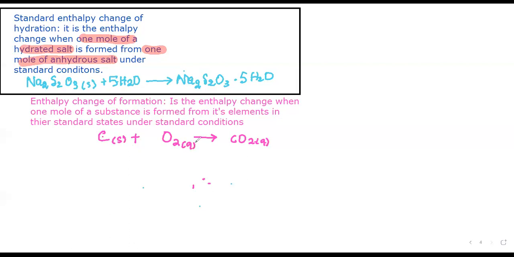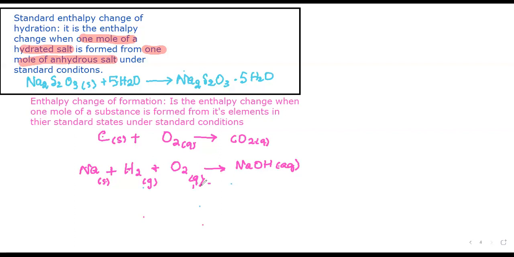Similarly, what if I want to make sodium hydroxide? What do I need? I need the elements. I need sodium. What is the other element inside it? Hydrogen. What is another element inside it? Oxygen. And they all have to be in their standard state, meaning sodium will have to be solid, hydrogen will have to be gas, and oxygen will have to be gas. And I need 1 mole of the substance, so I need 1 mole of sodium hydroxide.